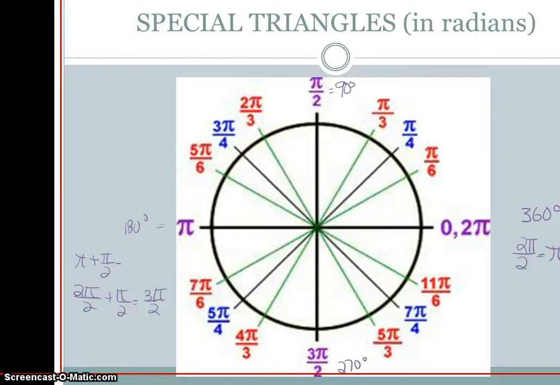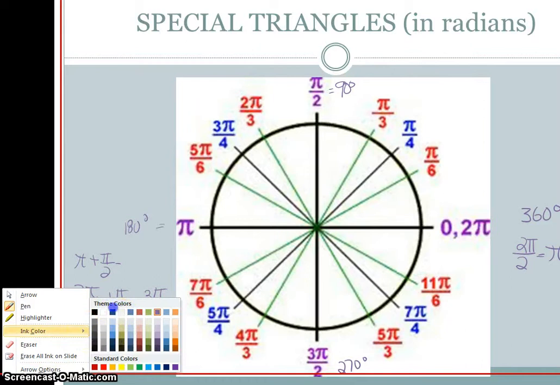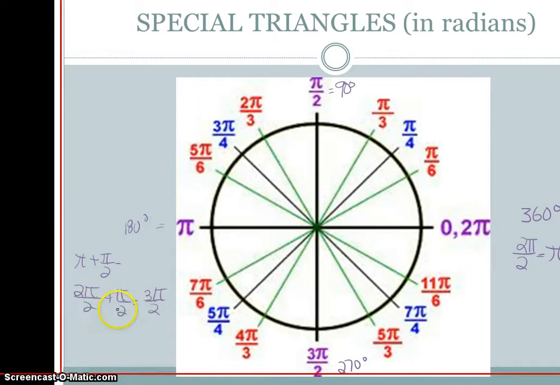What we want to look at next is our 45 degree angles. So let's do those in blue. So our 45, that's going to be pi over 4. And we could think of it from the same perspective as going from 0 to pi.